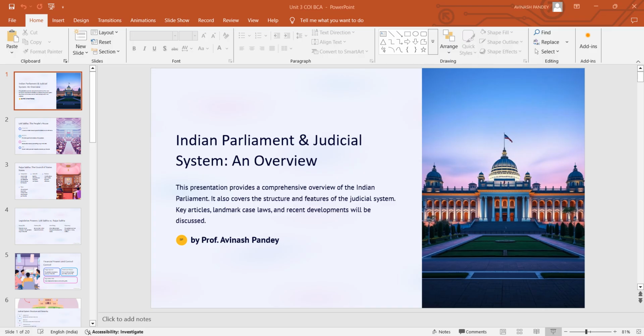Election Commission composition. The Election Commission includes a Chief Election Commissioner and two Election Commissioners, as per Article 324, as amended. Please remember all these articles because they play a very crucial role. It is appointed by the President of India.